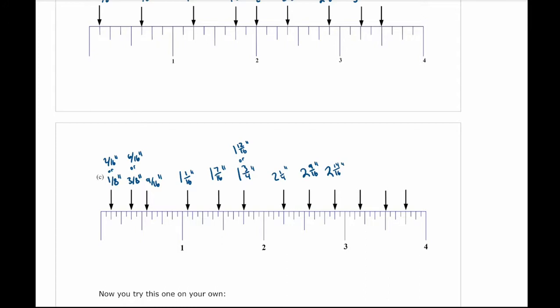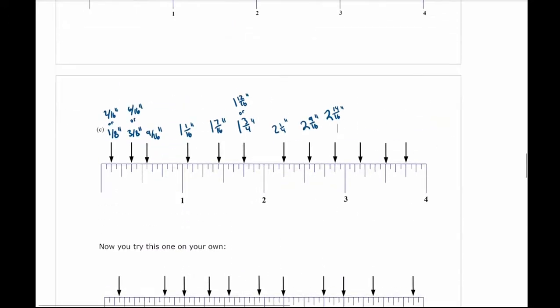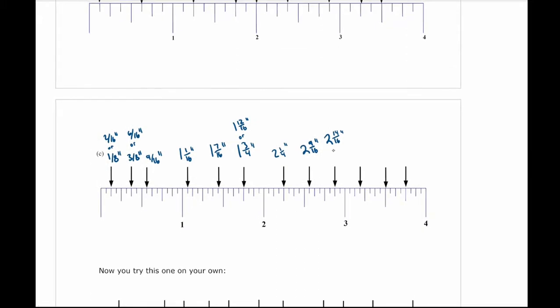So 2 and 14/16 of an inch. And again, you could reduce that to 2 and 7/8 of an inch. Again, they mean the same thing, they're just equivalent fractions.